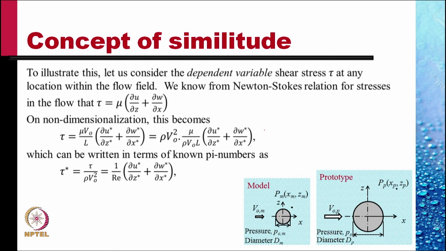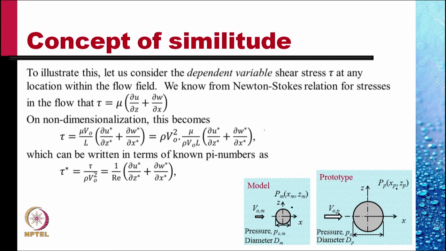So, if we do the experiment with the same value of Reynolds number, Froude number and Euler number, and measure the tau in a model, then from this I can calculate tau star by dividing this by the model value for rho V naught square. The tau star that I obtained in this fashion would have the same value for the prototype as well.